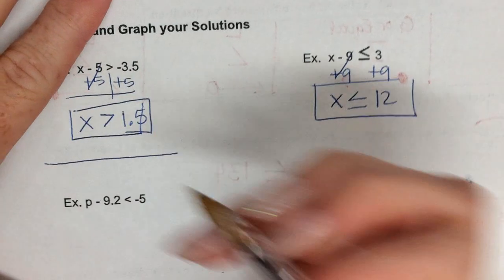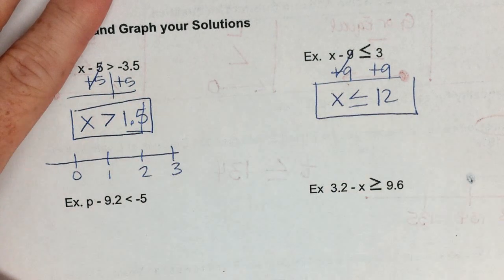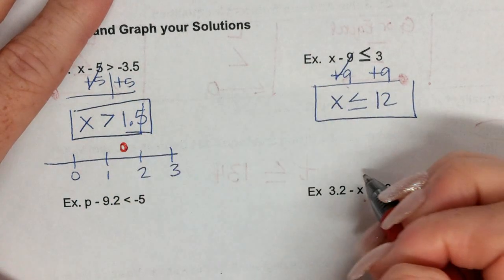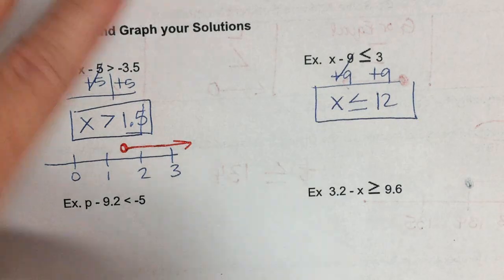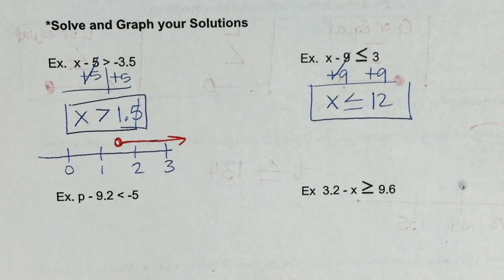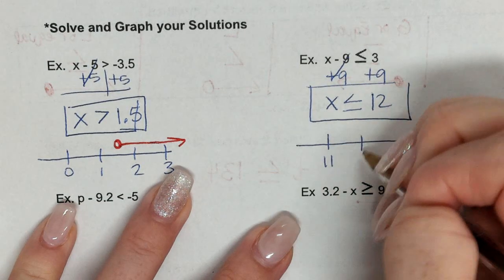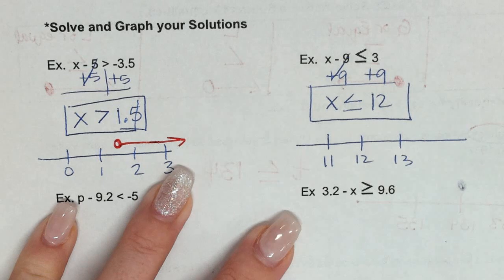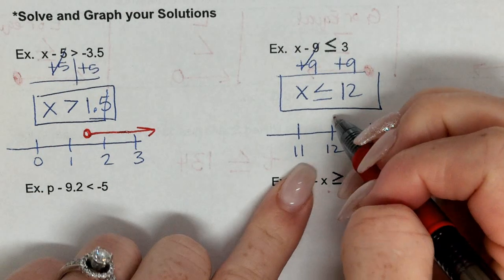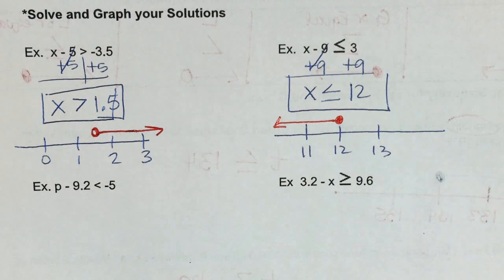So here I have, let's say, 0, 1, 2, and 3. 1.5 is going to be like right here, and I'm going to shade to the right. Over here I have 11, 12, 13. This one's going to get a solid dot shaded to the left.